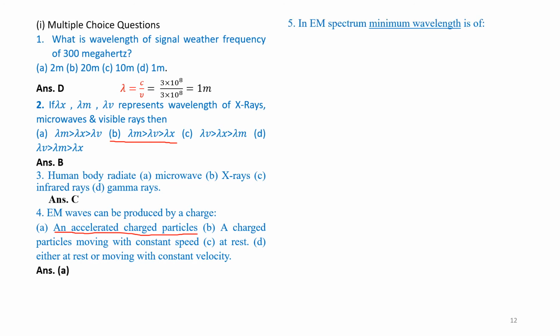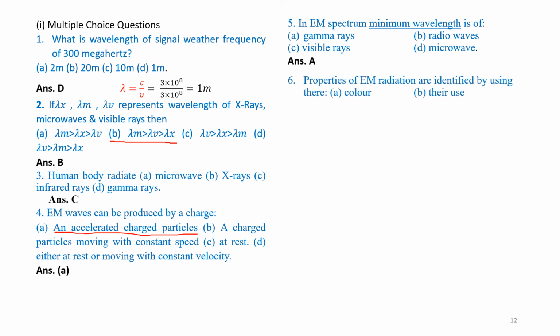In the electromagnetic spectrum, the minimum wavelength is of A, gamma rays; B, radio waves; C, visible rays; D, microwave. We know gamma rays have the minimum wavelength. So A is correct. Number 6. Properties of electromagnetic radiations are identified by their color, their use, their speed, frequency or wavelength.